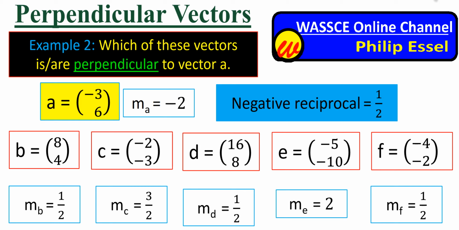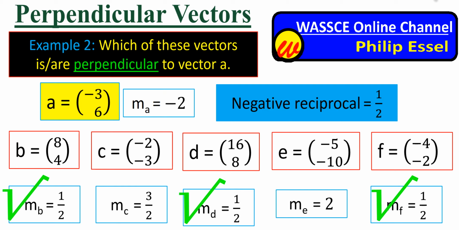The vectors B, D and F have slopes of 1 over 2. What it means is that these vectors are perpendicular to the vector A. The vectors C and E do not have this slope of 1 over 2.